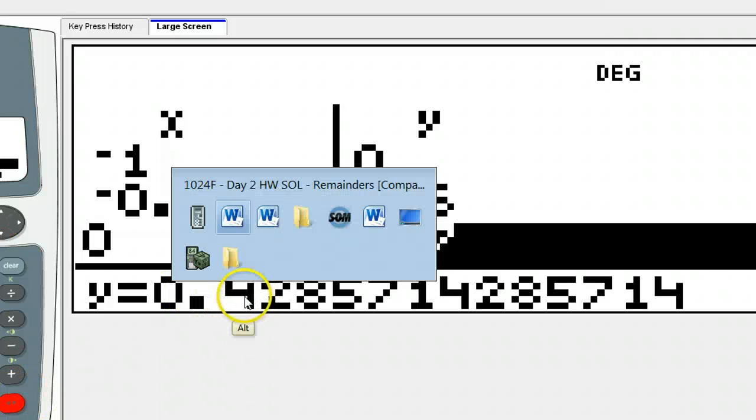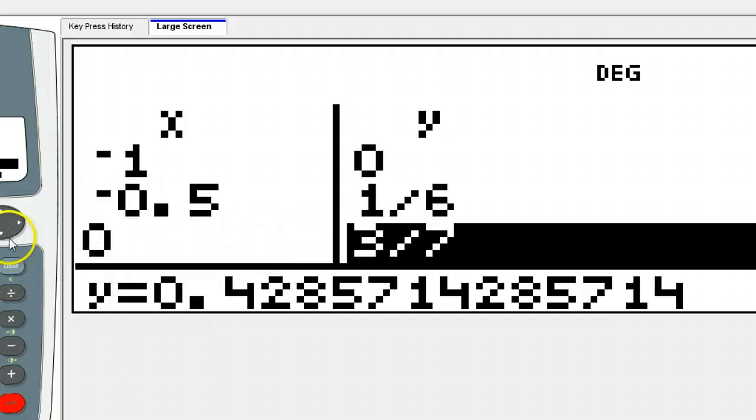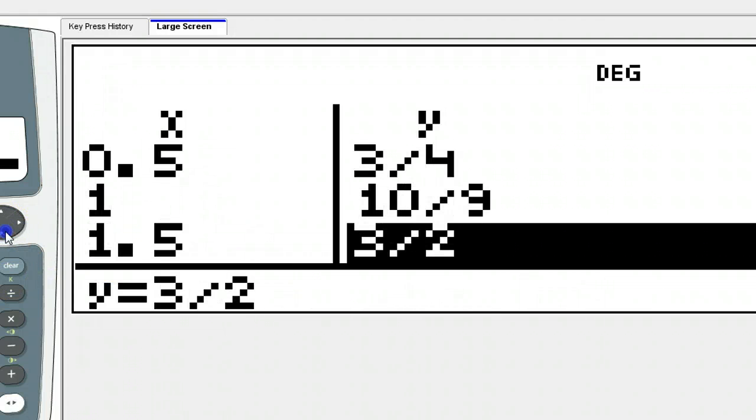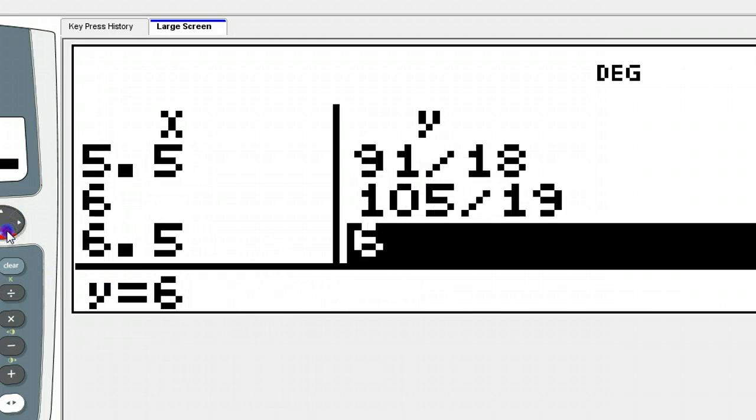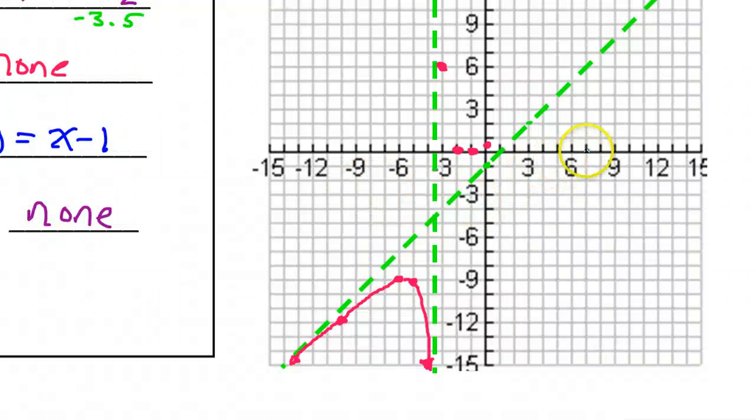That's almost halfway. Let's go a little bit further over, like around 10 or so, and see where we are. Oh, okay, there's a nice even number. So at 6.5 we are at 6.